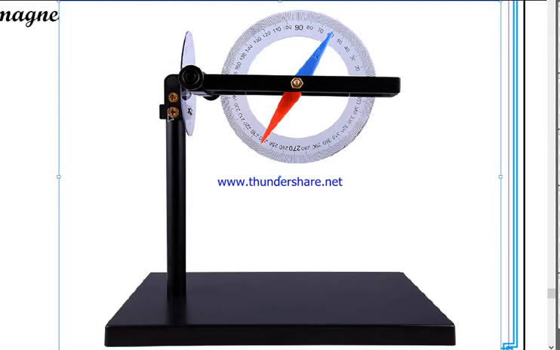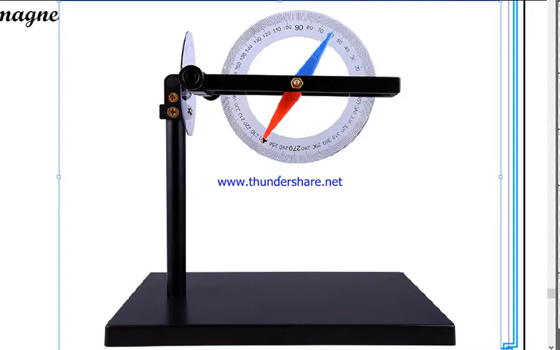The needle should have been balanced, but you can see the needle is not balanced. The north pole of the needle is slanted downward, and the south pole of the needle is slanted upward.